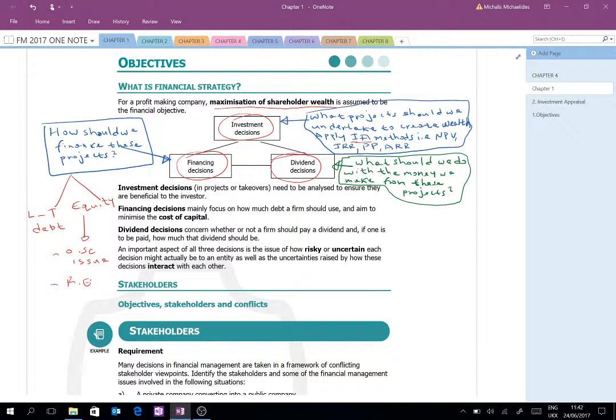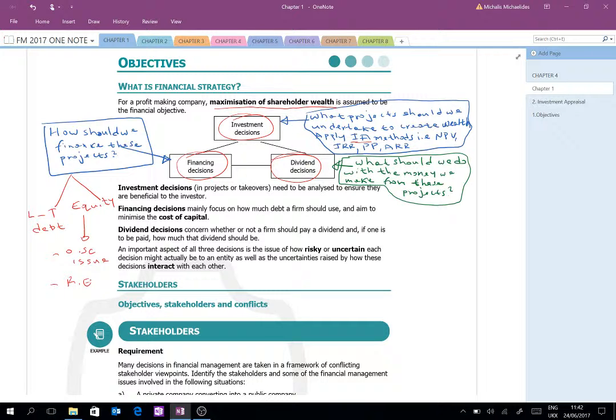Now, of course, you have to realize that to be in a position to finance projects using retained earnings, it means that you have to use these internally generated funds for this finance, while owners might expect to receive dividends. So the question here is that what should we do with the money we make from these projects? So shall we keep them in the form of retained earnings, or shall we offer them to our shareholders in the form of dividends?